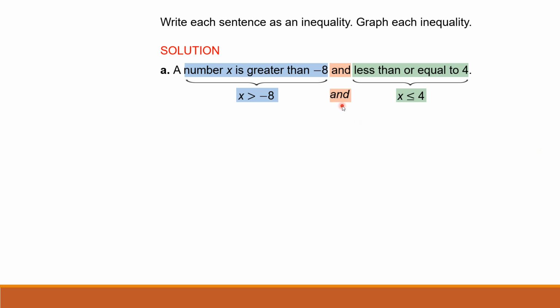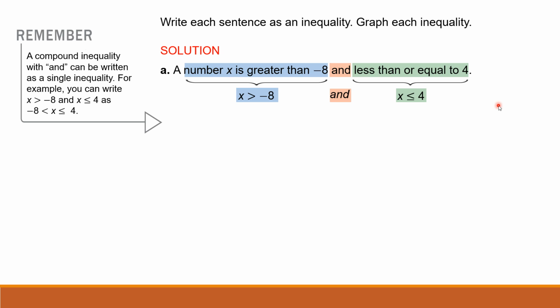Because x can meet both criteria, we can write this as a single inequality by putting the x in the middle. Negative 8 is less than x, which is less than or equal to 4. And when we write these, we always write them least to greatest from left to right, with the inequalities pointing to the left, which is the lesser value. So this is our inequality. Negative 8 is less than x, which is less than or equal to 4.